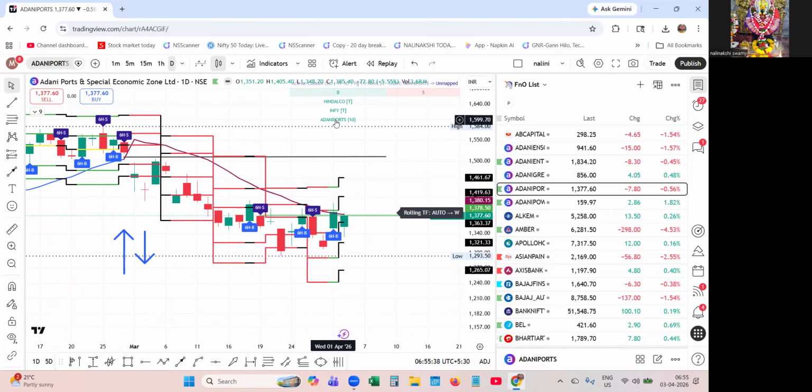I picked up Adani Ports because it has given a one day buy signal. From one day back, it is giving you a buy signal. We cannot confirm these two. This is a confirmation. Then I picked up the stock and went into the chart.